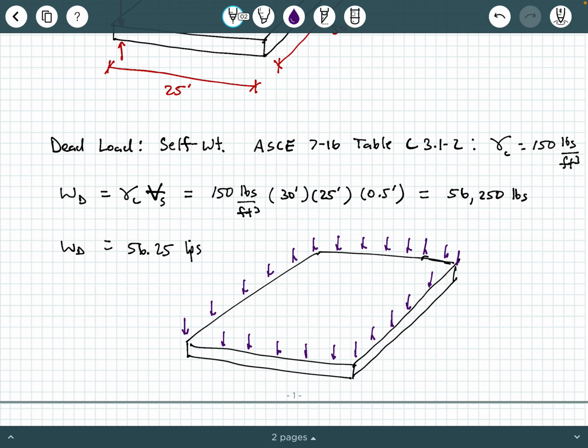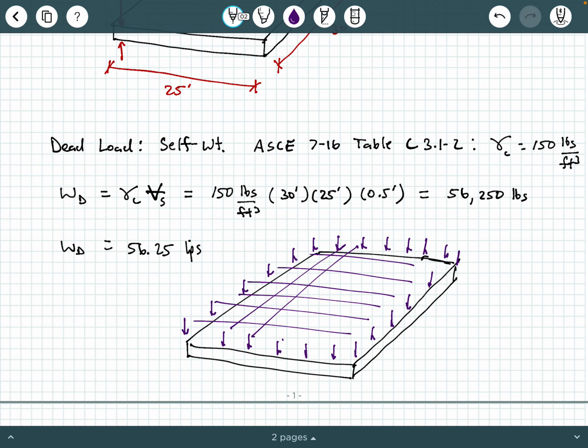And, of course, this is a surface load all the way across this slab. So all of this little purple grid I'm drawing here represents a load spread out over this area. And sometimes, if you have a load spread out over an area, maybe you call that q, and q would be equal to a unit weight times the thickness.